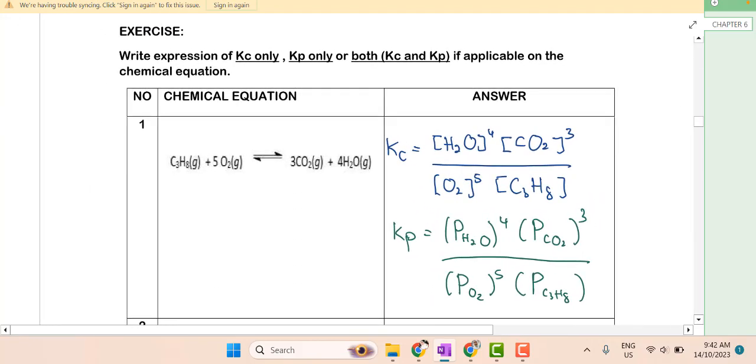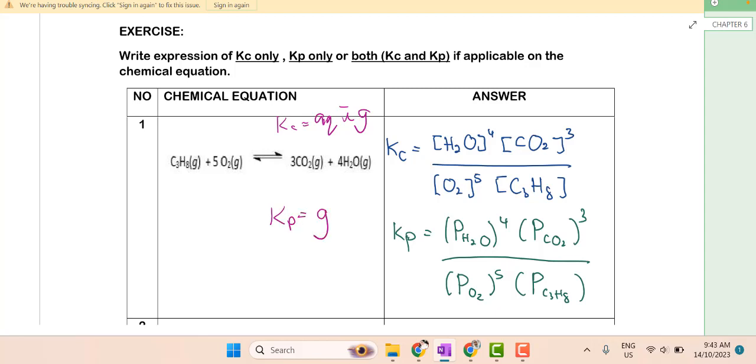Write the expression for Kc only, Kp only, or both if applicable, for the chemical equation. For Kc, we take aqueous and gas, while for Kp, we only take gas.